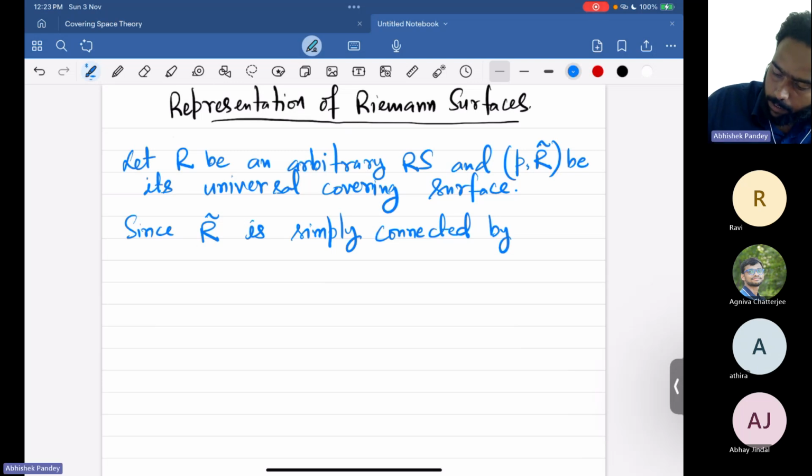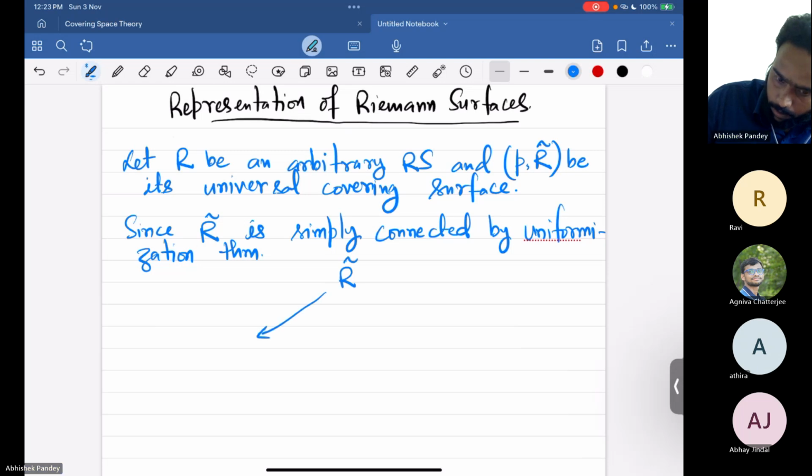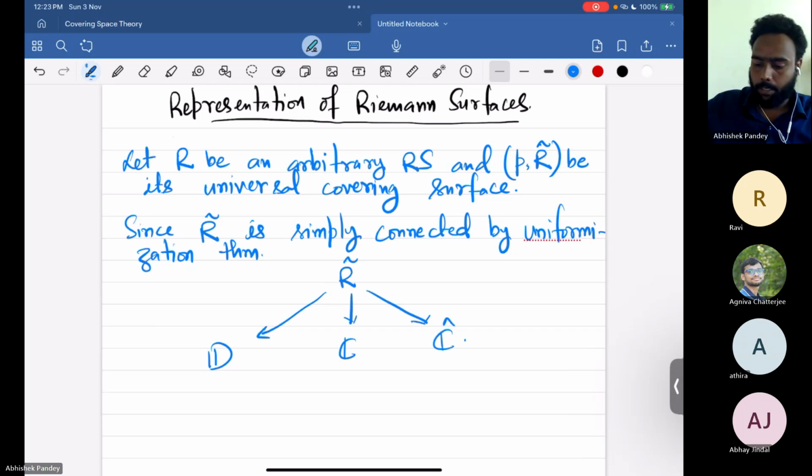R tilde is simply connected, so by the uniformization theorem we have only three choices. Basically your R tilde is conformally equivalent to D, C, or C hat. So it is better to work with only these three things: the unit disk, the complex plane, and the extended complex plane.